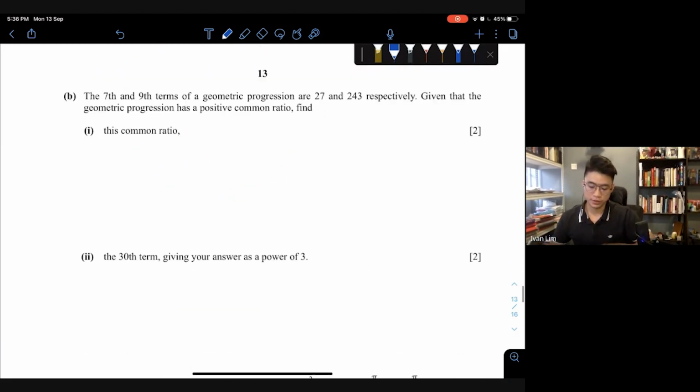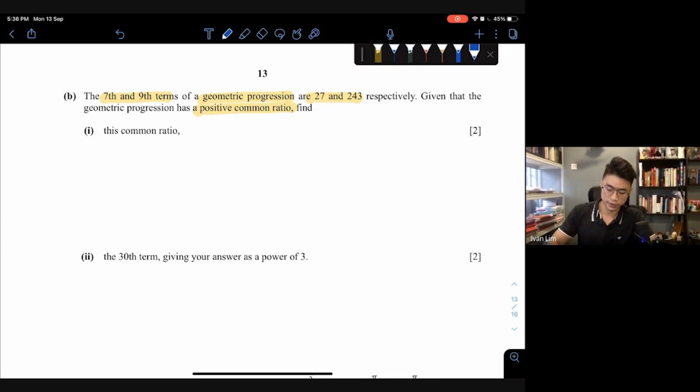Question B. The 7th and 9th term of a geometric progression are 27 and 243 respectively. Given that the geometric progression has a positive common ratio, find the common ratio. Okay, so for you to find common ratio, for a geometric progression, you normally divide the terms.